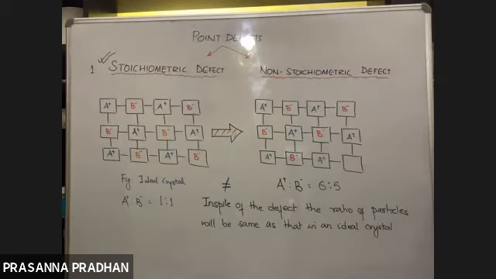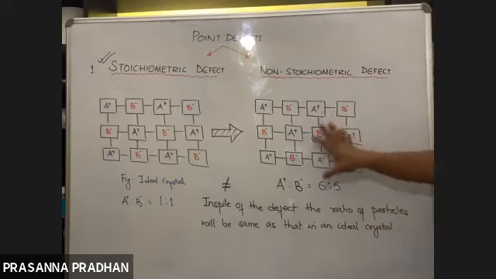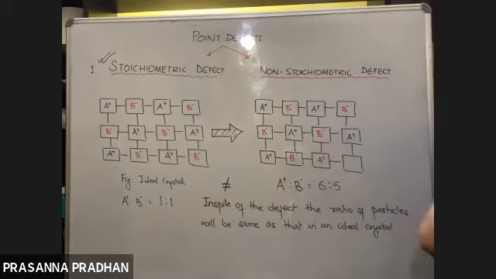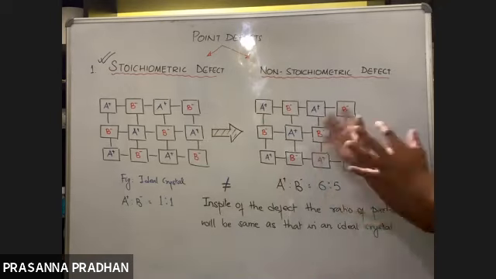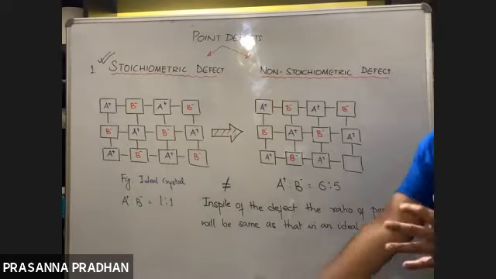So because of the defect, if the ratio of particles is not the same as that in an ideal crystal, then the defect is referred to as a non-stoichiometric defect. A defect होने के बाद भी ratio same है ideal crystal का, that is a stoichiometric defect.